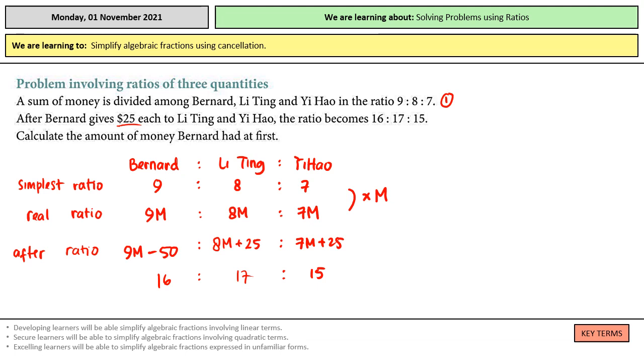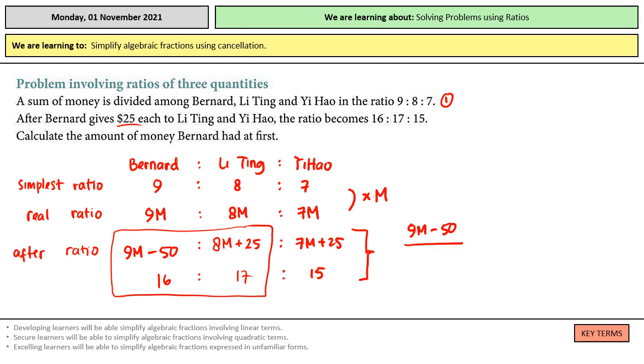So let's use all these three ratios, the new one, to solve our problem. We're going to deal with two ratios at a time, so we'll just focus on this part. So that will be 9m minus 50 over 8m plus 25 equals 16 over 17.